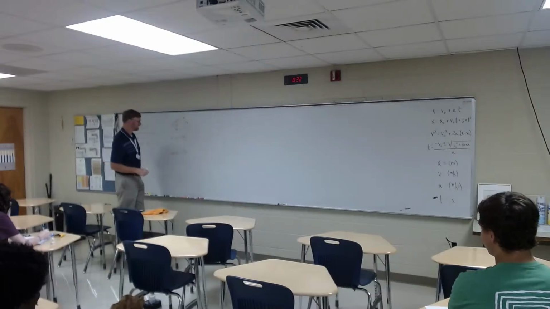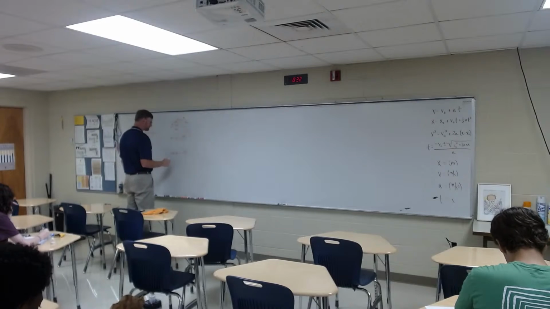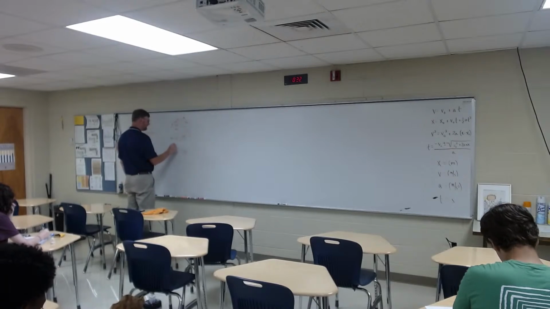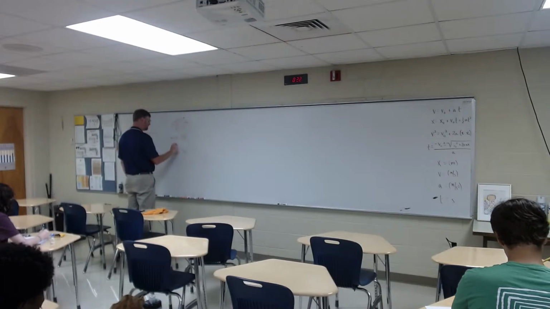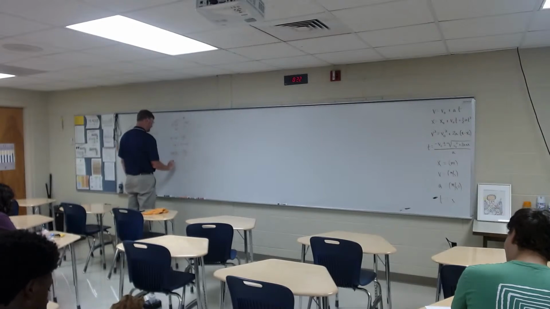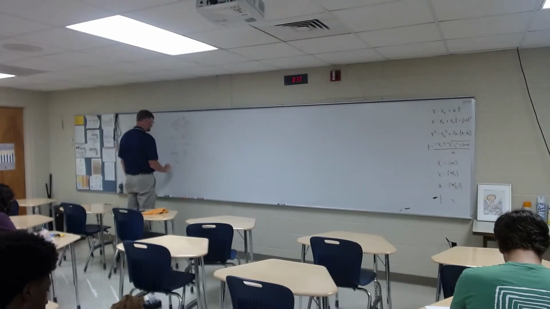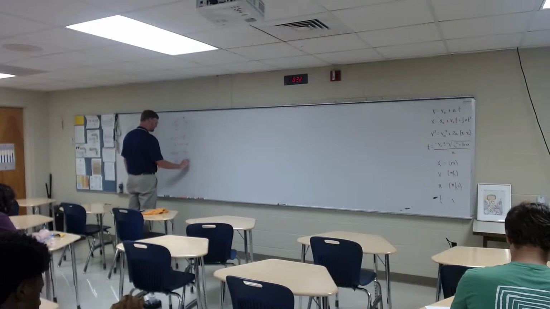Correct? Okay. So that means that V0y, initial velocity in the y direction, is V times sine theta. V0x, which is initial velocity in the x direction, is V times cosine theta.